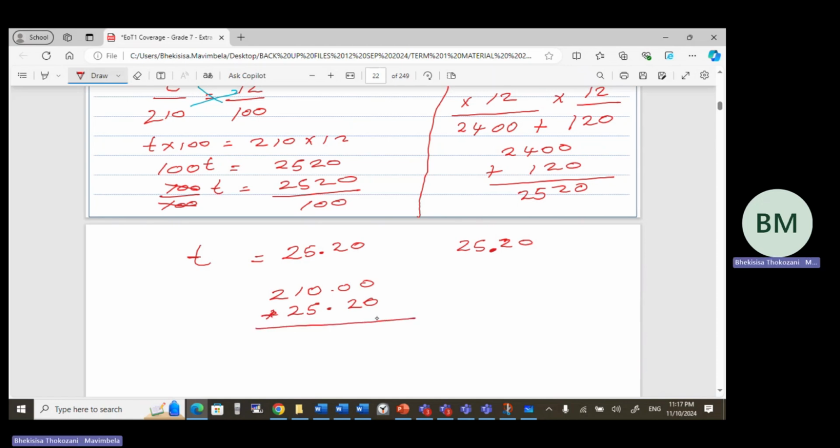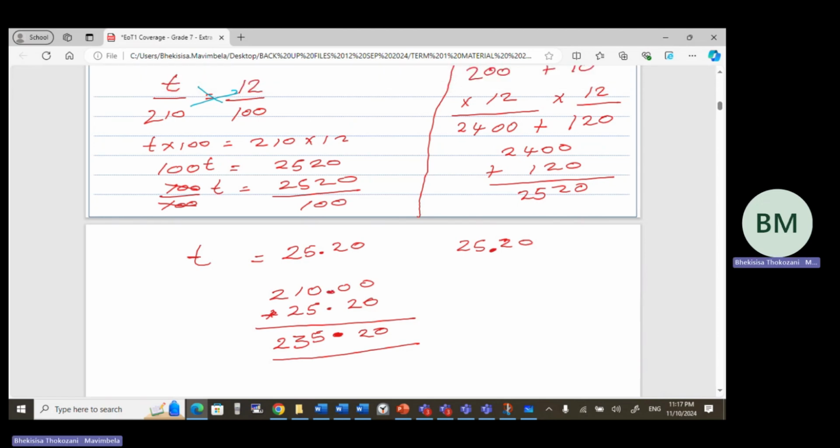Okay, I hope I'm making sense. It's 0, and this is 2. This is 5, and this is 3. This will give us 2. Now, this is what you're going to have. Decimal point, decimal point. Everything is in line. I'm trying my best to ensure that everything is in line there.